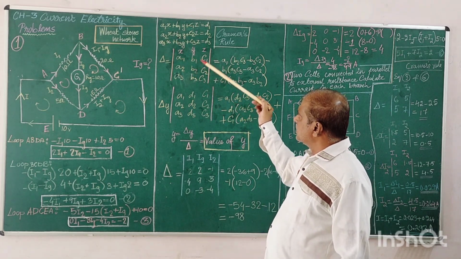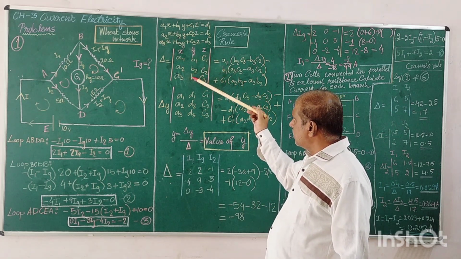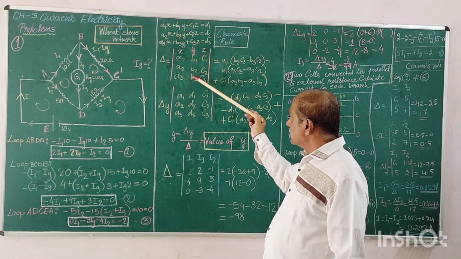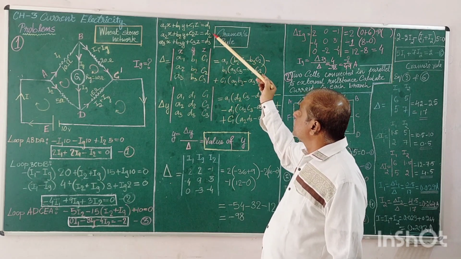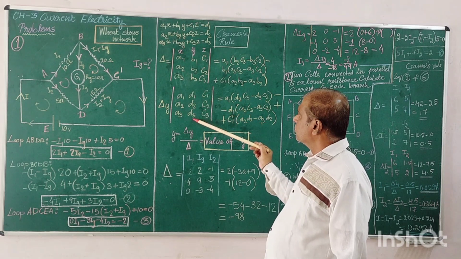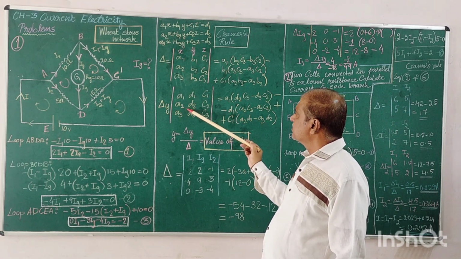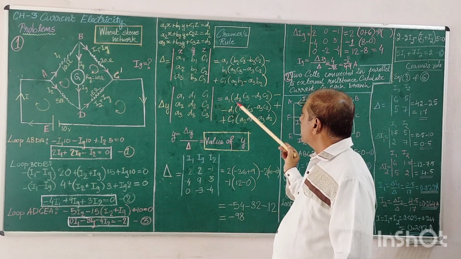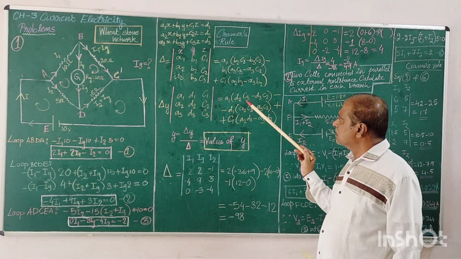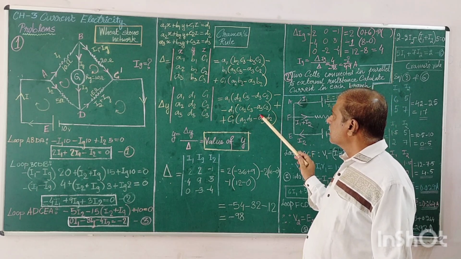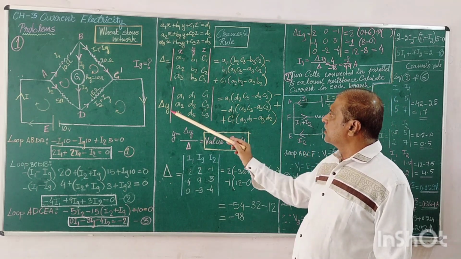So retaining the same, replace this column to find the value of y, replace the column by the column of these constants. Find the determinant for this matrix in the similar way. First term, second term, third term. We get the value of that determinant. It is delta y.